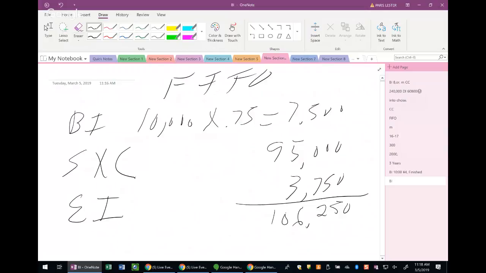All right, now we're going to look at a problem in the book. We're going to flip over and do again if we have to. Let me look at number 23, weighted average and FIFO. Lender company had 21,000 units.